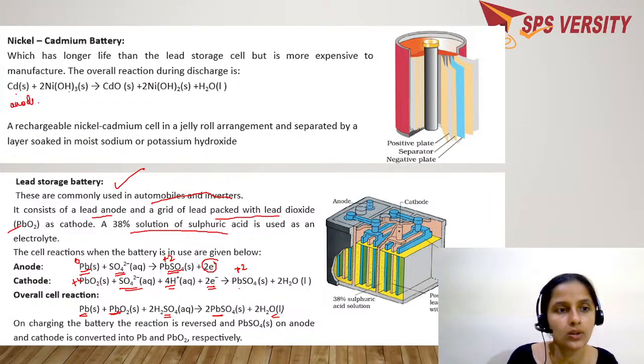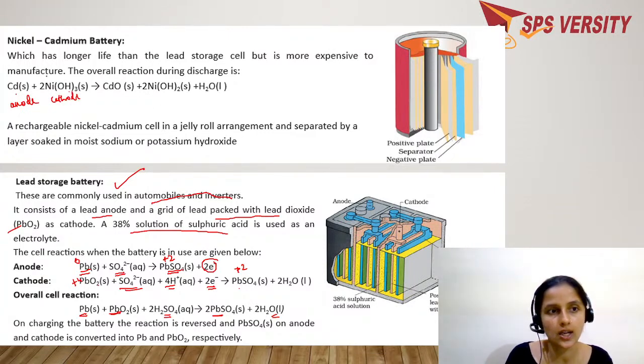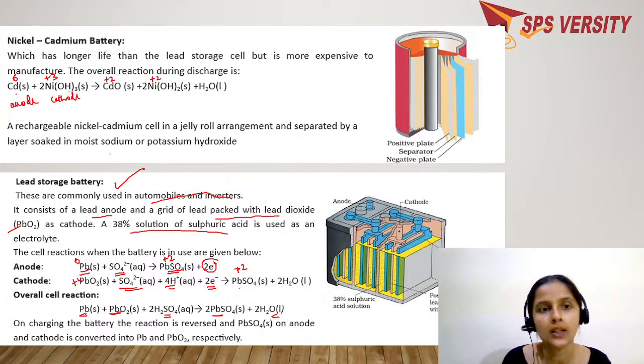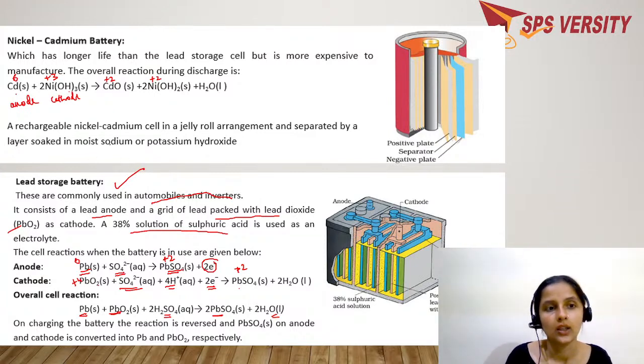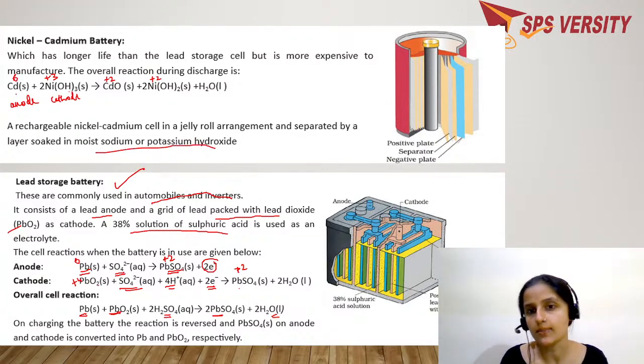The cadmium is the anode, and nickel hydroxide is the cathode. And you see the oxidation and the reduction. Here the charge goes from +3 to +2, and here from 0 to +2. So the oxidation and reduction reactions will happen, and it is rechargeable. And you have the electrolyte as sodium or potassium hydroxide.